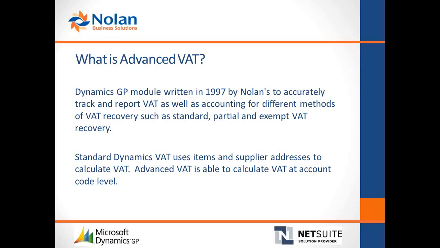So on putting on an invoice for £100, it will use a tax detail as defined by the item that we're purchasing and the supplier we're purchasing it from to work out the VAT percentage that should be applied to that purchase. And if that's 20%, it will calculate the 20% and put that 20% on your VAT report at the end of the quarter.